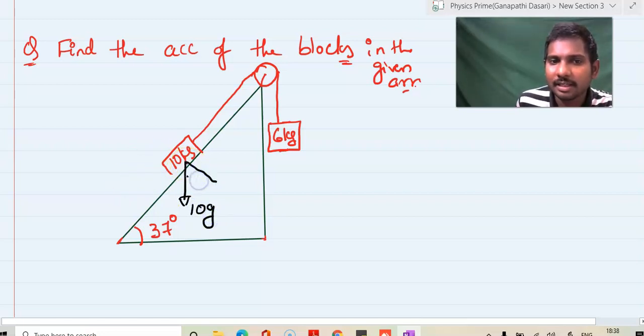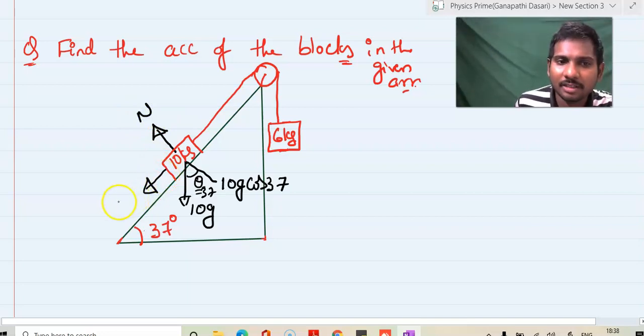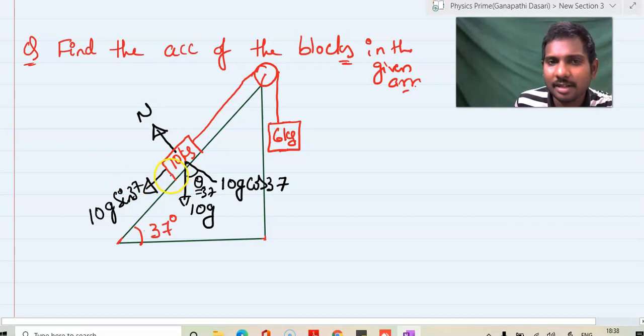So here, if this is theta, this is 90 minus theta, this will become theta, that is 37 degrees. 10g cos 37 in this direction, and there will be normal reaction due to the surface pushing on the block, perpendicular to the block and the surface, and there will be an unbalanced force along the inclined plane that is due to gravity, 10g sin 37, the same concept that applied in the previous system.